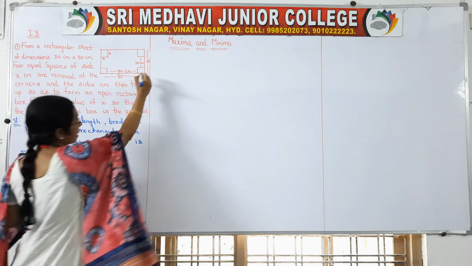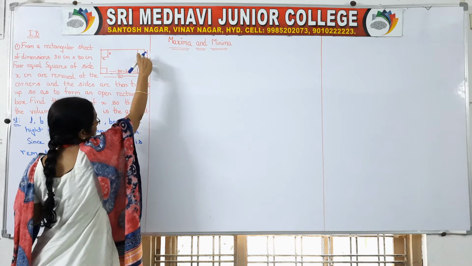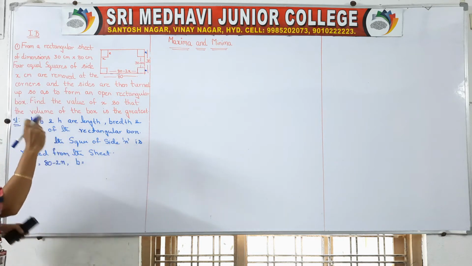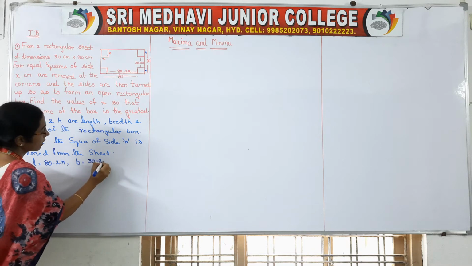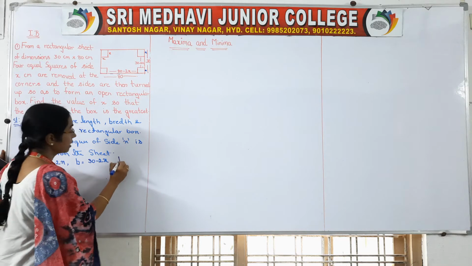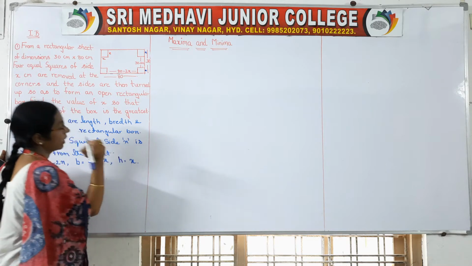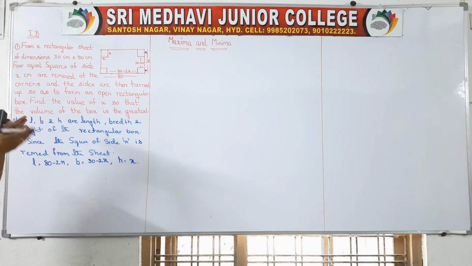So here x distance, here x distance. So this is the breadth of the rectangular box, 30 minus 2x, right? And height is equal to x. After removing, if we turn the sides upwards, that height is nothing but x.